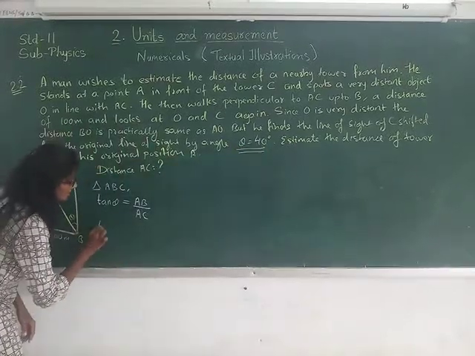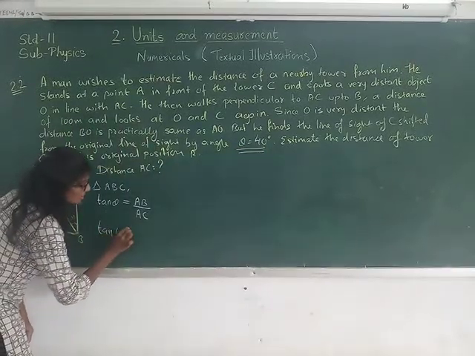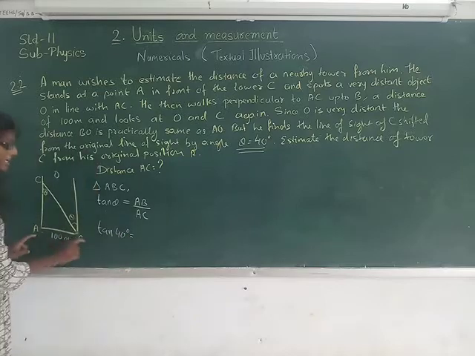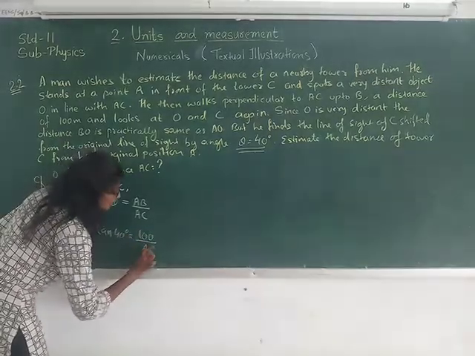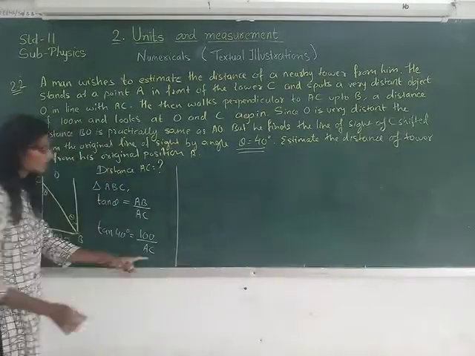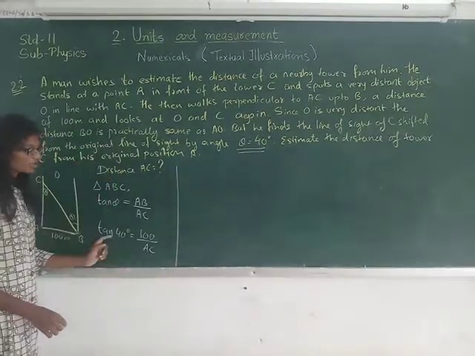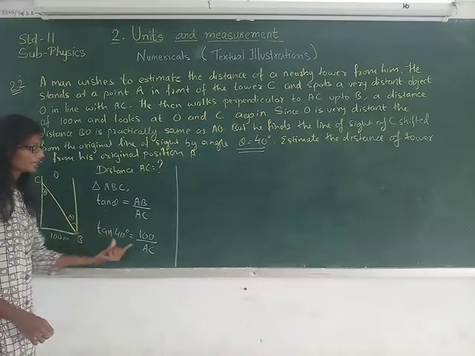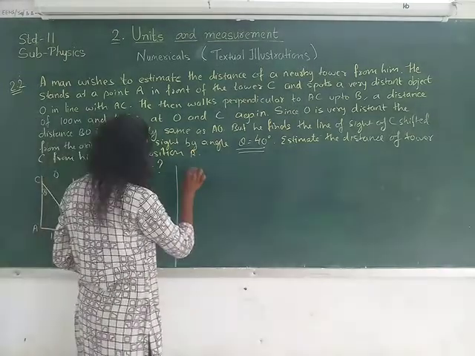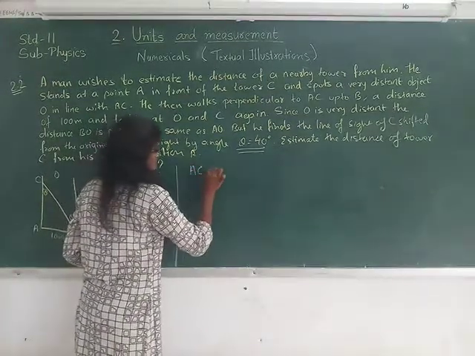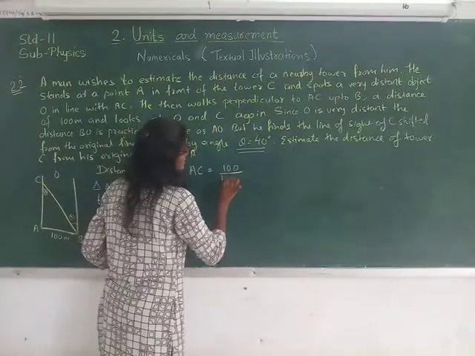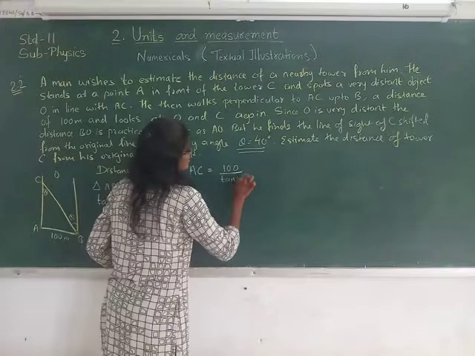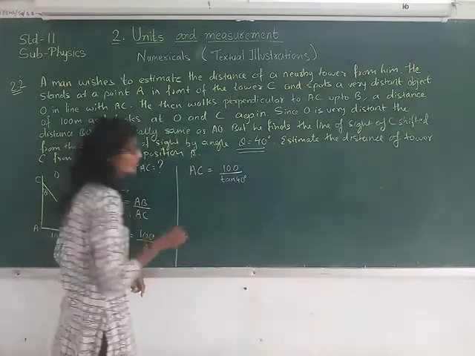So we can write tan 40 degree equals to AB value, that is 100 meter, upon AC. And over here we need to find AC. So taking cross multiplication, AC over here and tan 40 degree in the denominator, we get AC equals to 100 upon tan 40 degree.